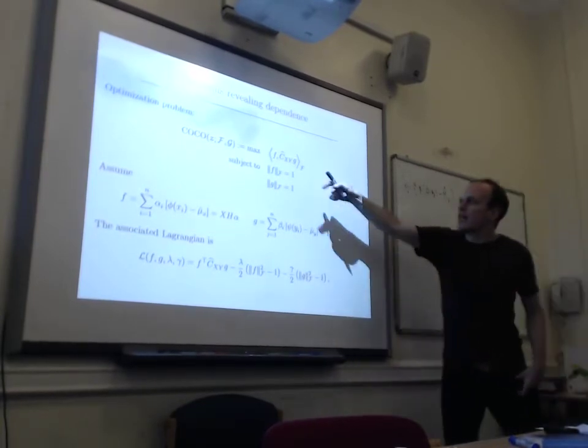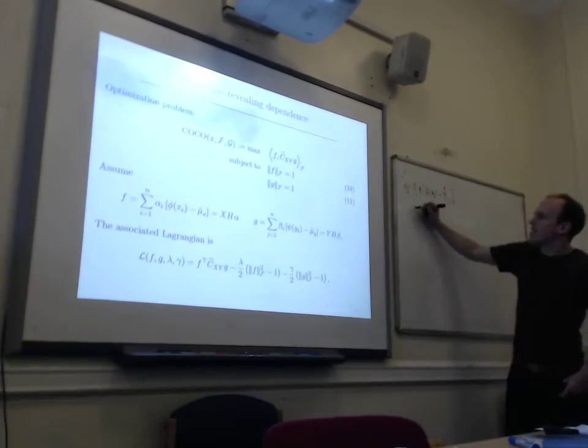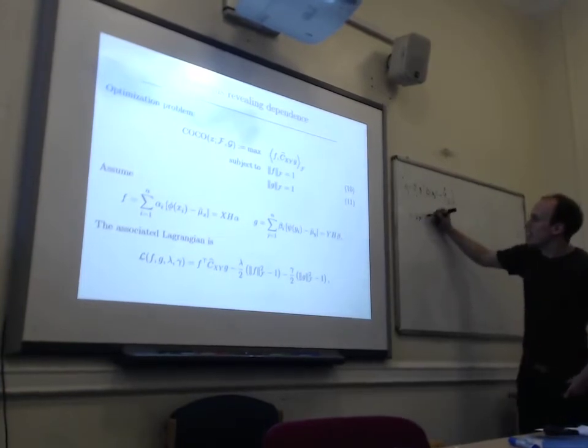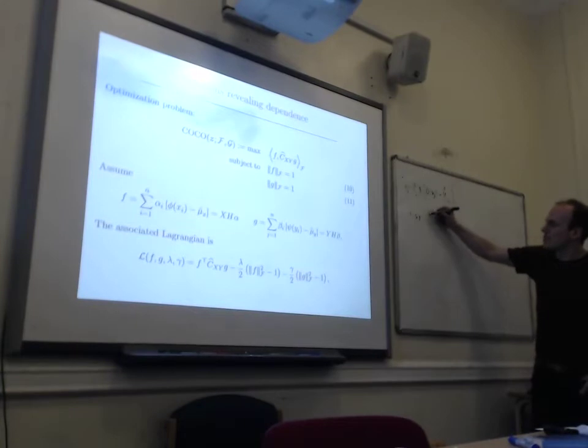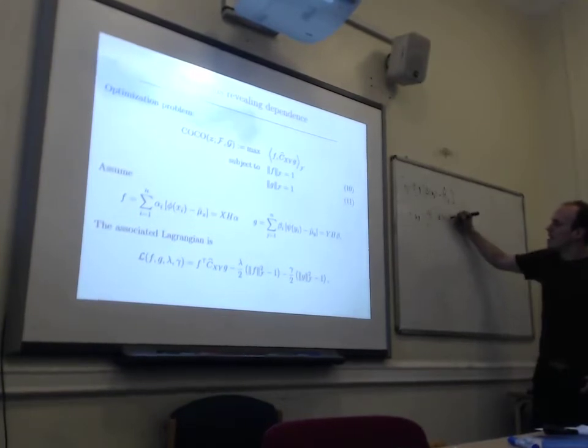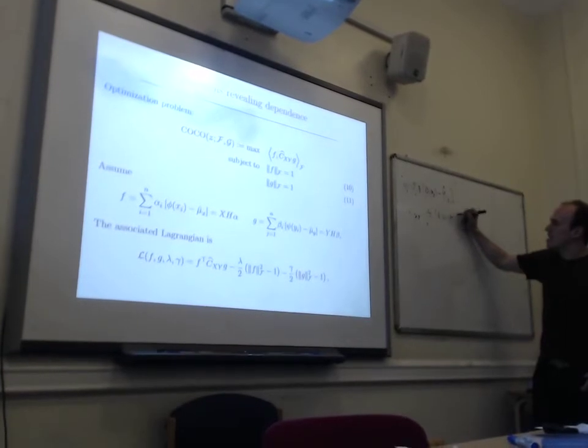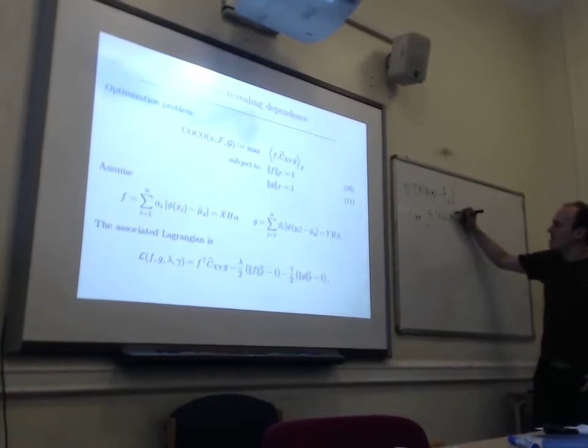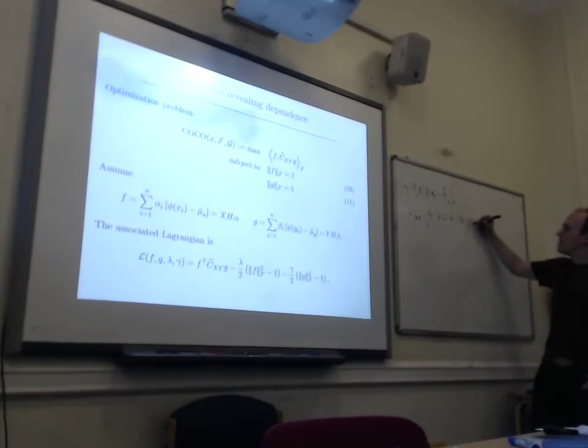And the reason for that is because, remember, my C_xy was equal to the sum, 1 over n, of phi of x_i minus the centering term, tensor producted with phi of y_i minus the centering term.